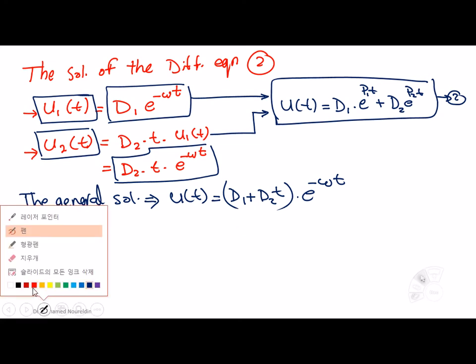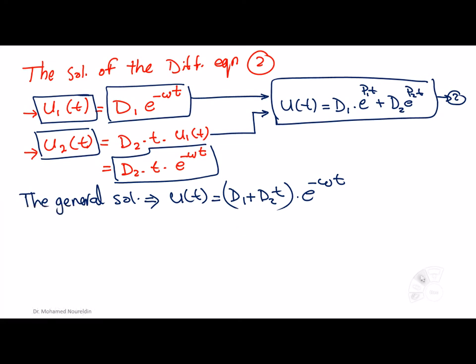Let's go back again with the red color. Introducing the initial condition to get the final equation of motion, we're going to use now the initial conditions, which is u node and v node.